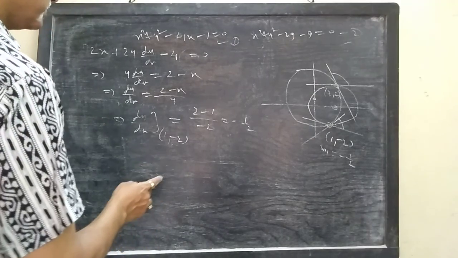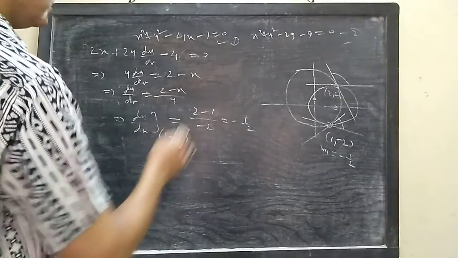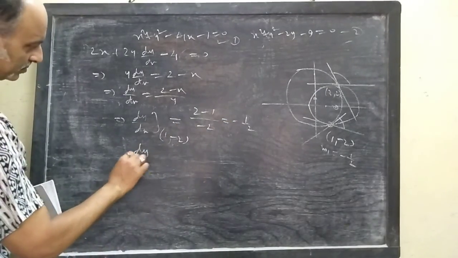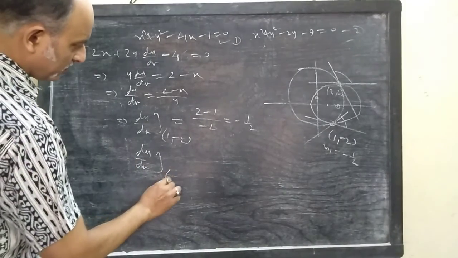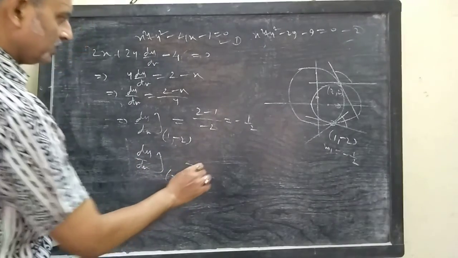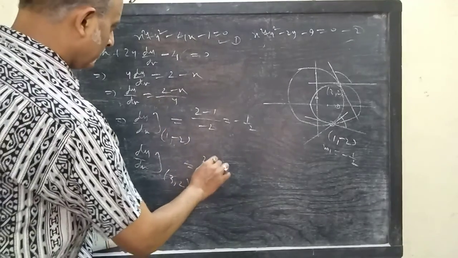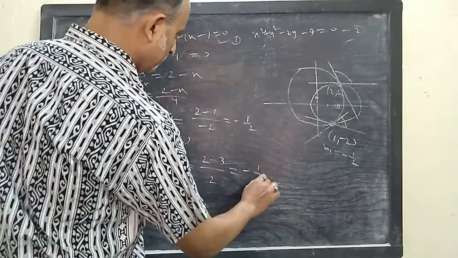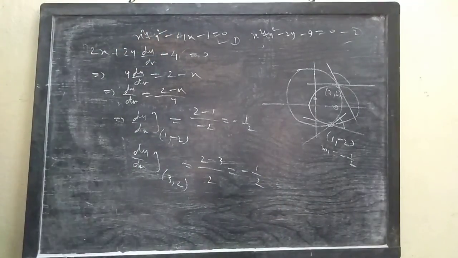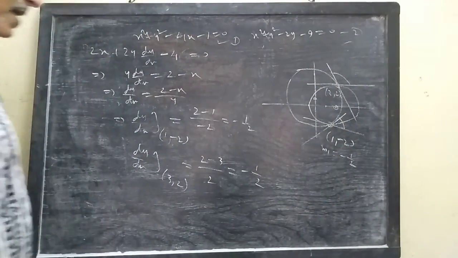Another slope at the point 3 comma 2. This will be 2 minus 3 by 2. This is also minus half. Look, these two tangents are parallel.